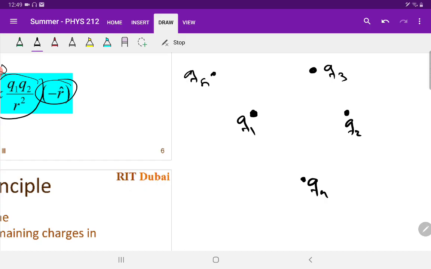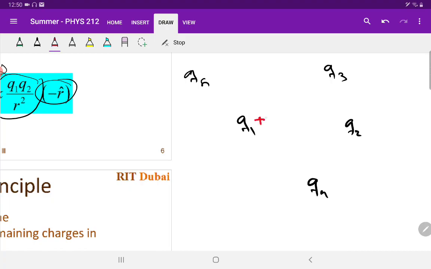Now, in order to know this, I need to identify the sign of each one, because I will not be able to know what kind of force we have, whether it is attractive or repulsive, unless I know what kind of charge. So let's assume that I arbitrarily choose different types of charge.